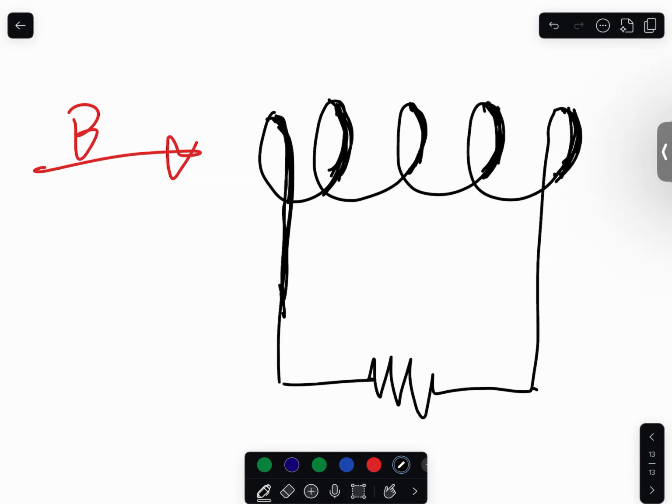Whether the current is flowing like this or like this is immaterial. The important thing is whether it's clockwise or counterclockwise, not the slow drift of current along or against the solenoid. Field B gets big. I'll write it down.